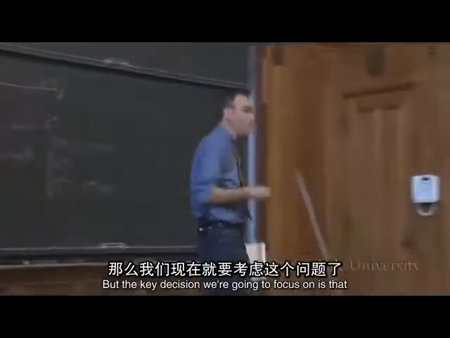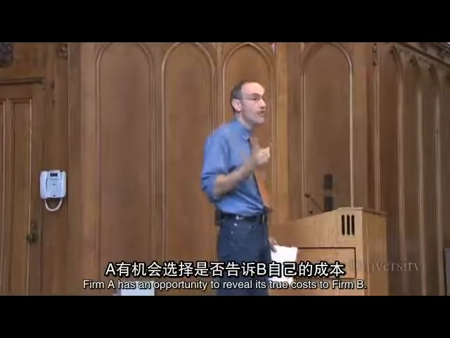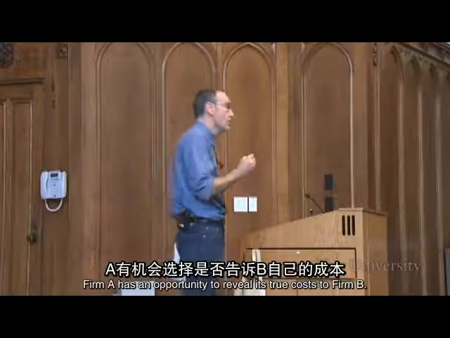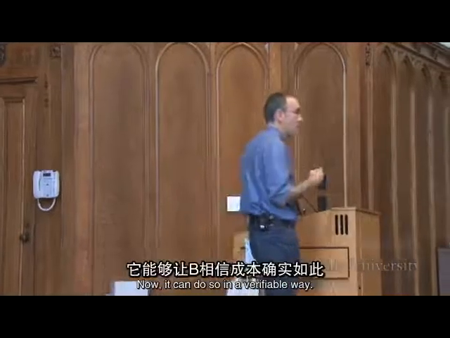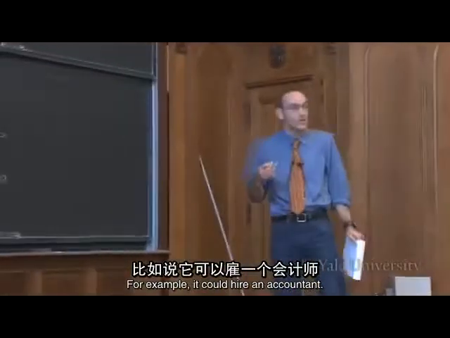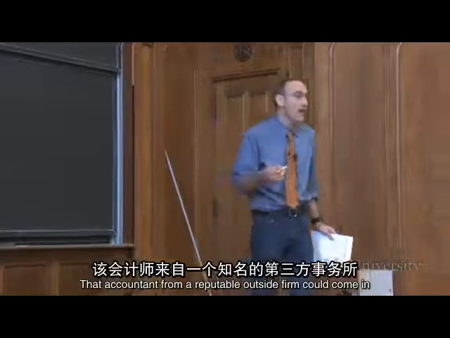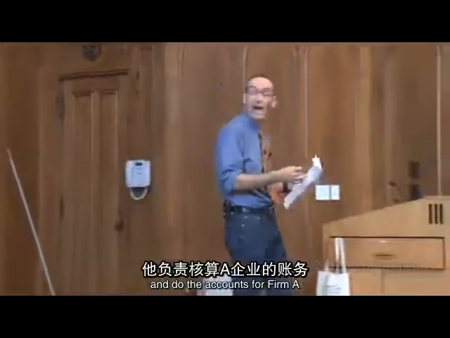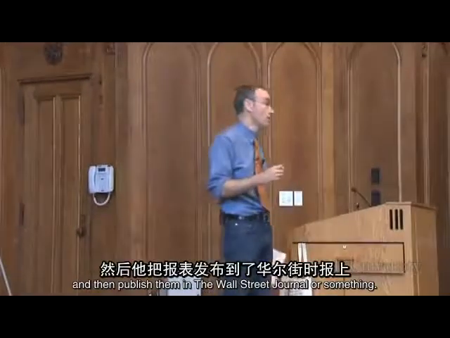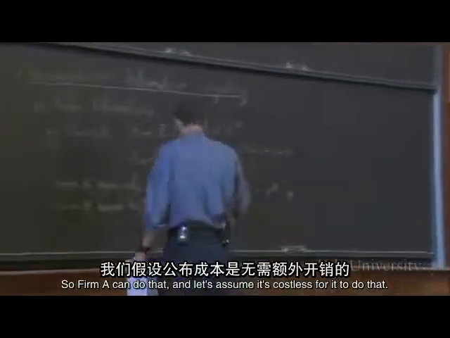But the key decision we're going to focus on is that firm A has an opportunity to reveal its true costs to firm B. Now, it can do so in a verifiable way. For example, it could hire an accountant. That accountant from a reputable outside firm could come in and do the accounts for firm A and then publish them in the Wall Street Journal or something. All right? So firm A can do that, and let's assume it's costless for it to do that.